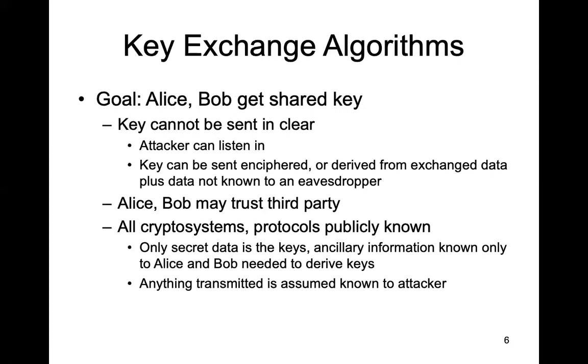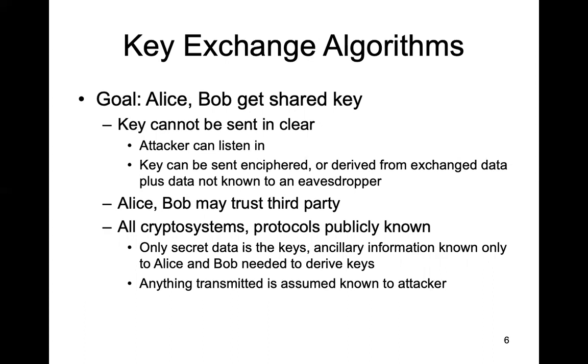Okay, so let's look at basic key exchange algorithms, right? The goal over here is for Alice and Bob to get a shared key. So this key is ideally a session key, and it's a symmetric key that is used for symmetric key encryption between Alice and Bob. So the main constraint here is that the key cannot be sent in the clear, obviously, right?